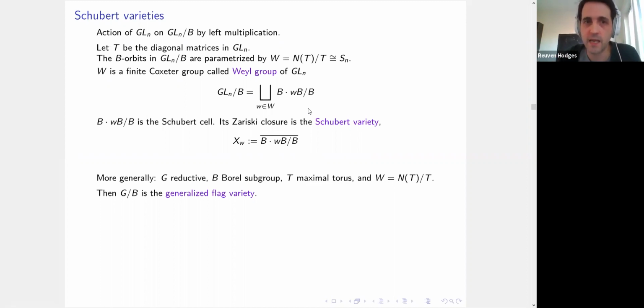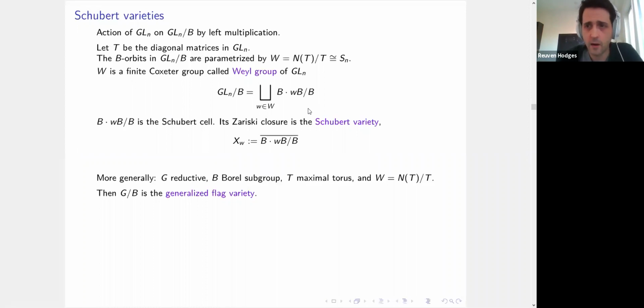You're interested in thinking about B orbits inside of G mod B, and these are parameterized by elements of W, and you have this nice decomposition into disjoint B orbits, and you can define Schubert varieties as just the closure of these B orbits, okay? And then G mod B is usually called the generalized flag variety.